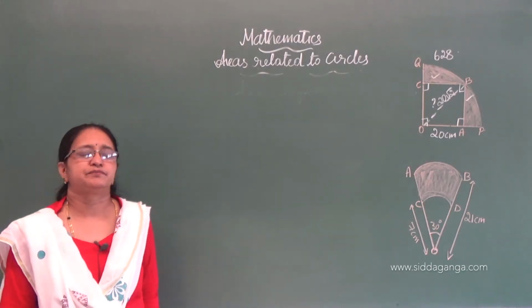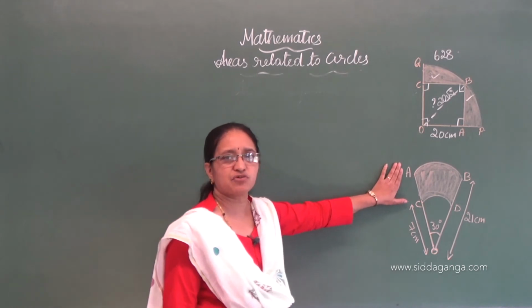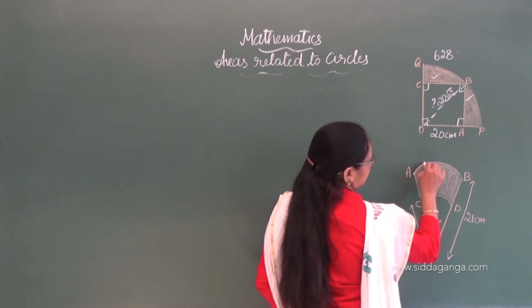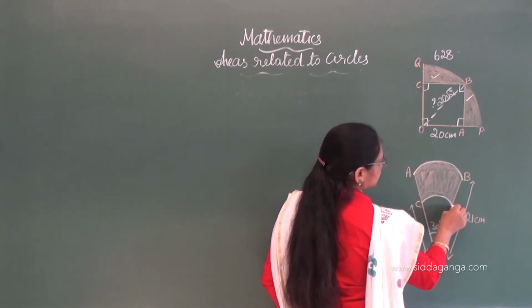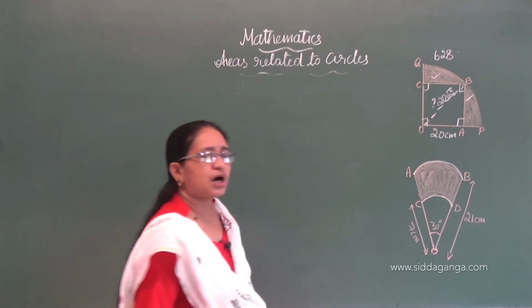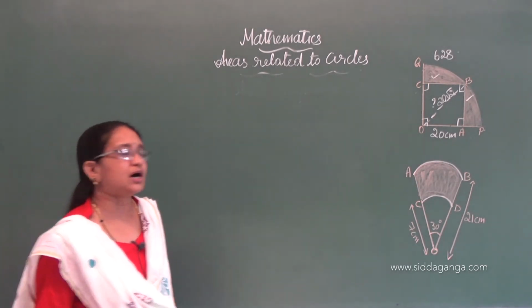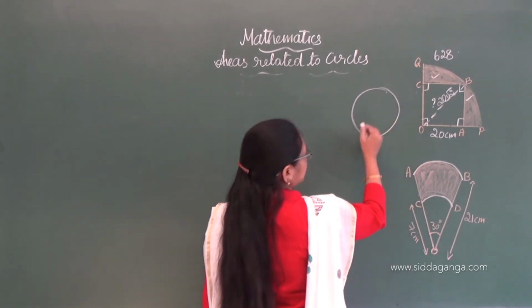See, now just observe here, the diagram is there for you. According to the question, AB and CD are the two arcs. I hope you all know the meaning of arcs. In a circle, an arc is a part of a circle.